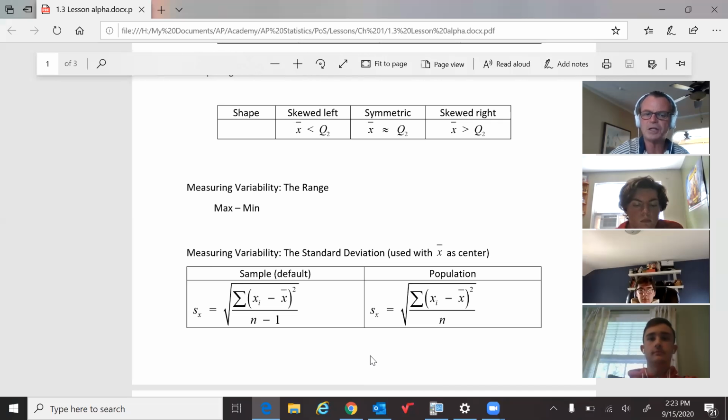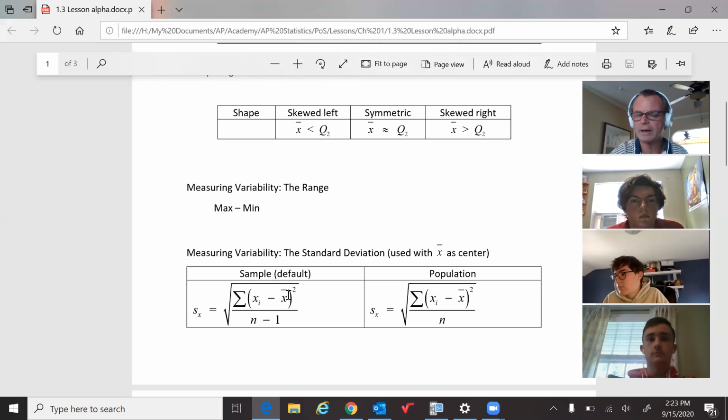So standard deviation, the textbook refers to variability as opposed to spread. Standard deviation is one way to measure spread. So you have to be able to read this. So the standard deviation is, we go inside the root sign: the sum of how far each element is from the mean.